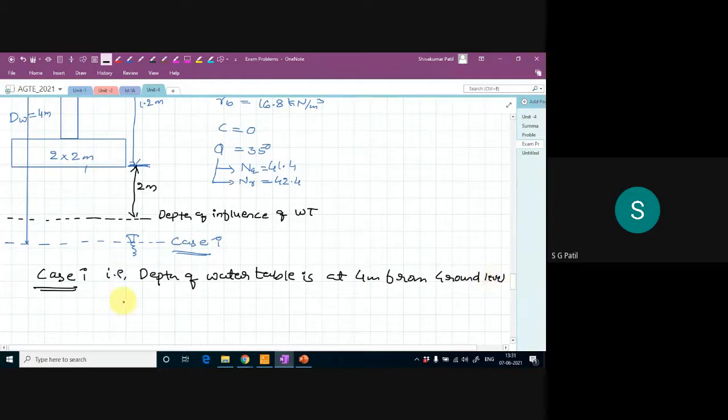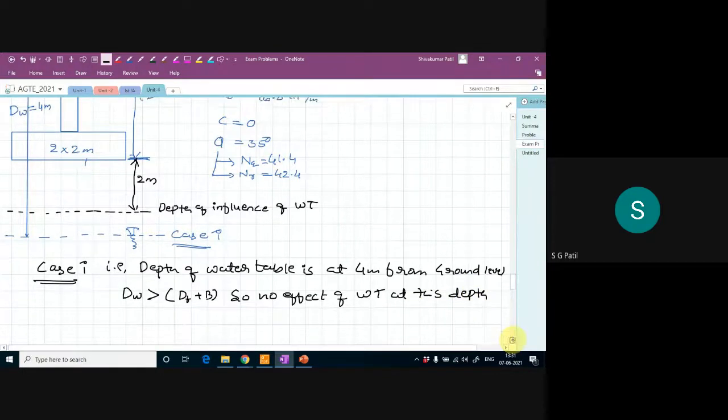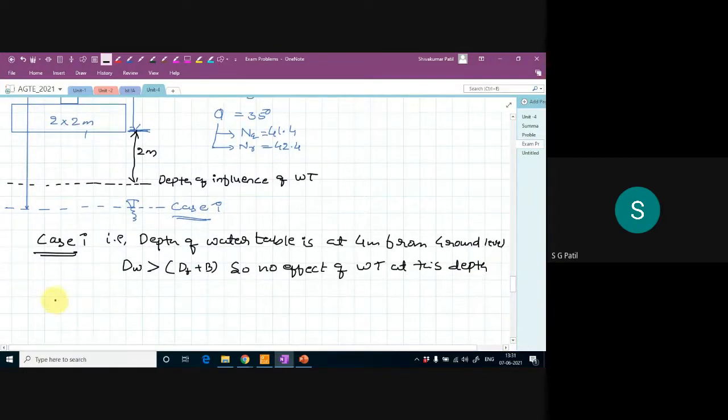Since your dw is greater than the depth of footing plus width of footing, so no effect of water table at this depth. Okay, so straight away you can calculate q ultimate equal to cNc plus qNq plus 0.5.